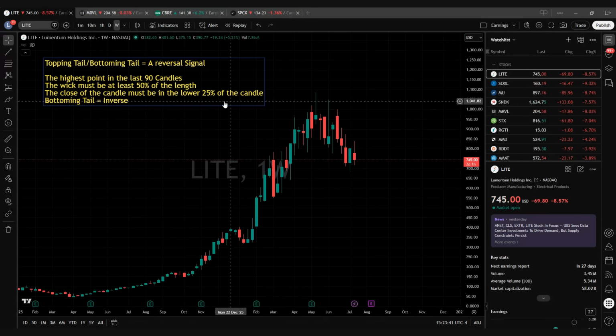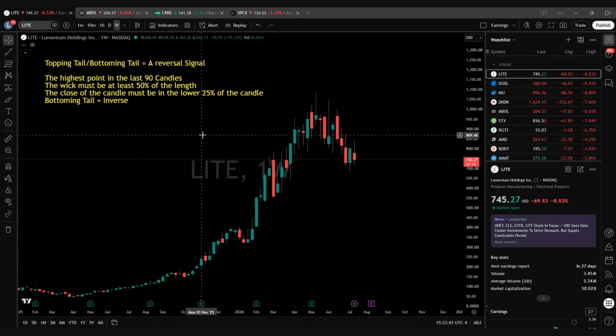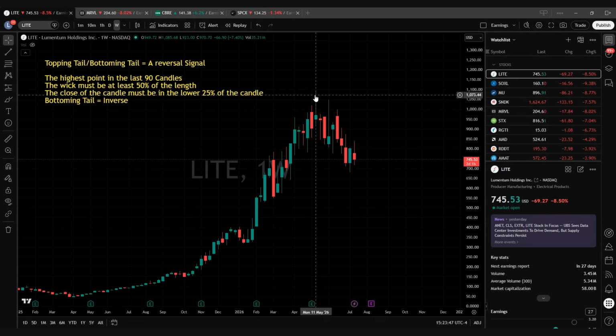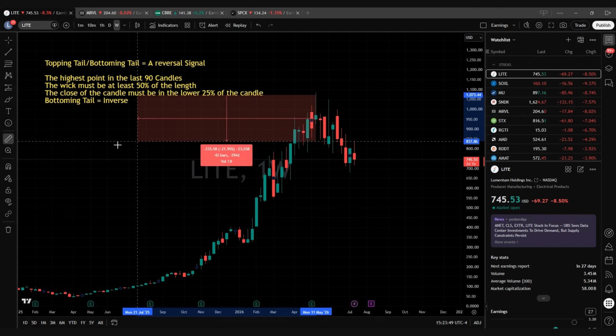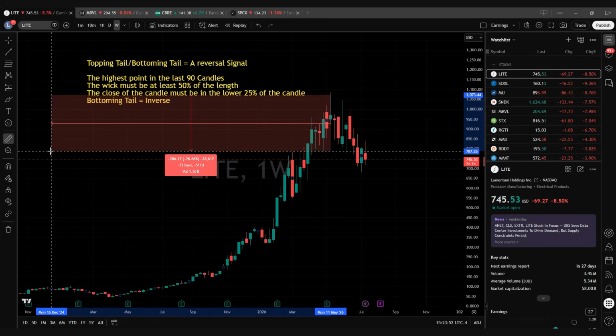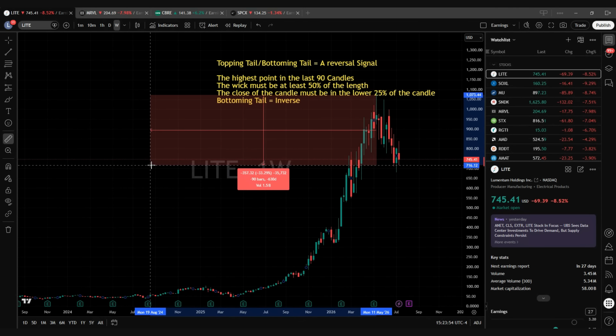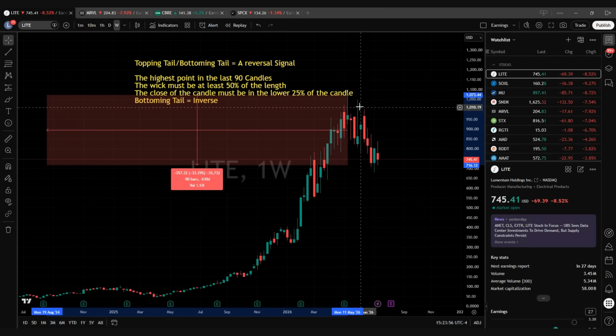So what are we looking for? Well, first of all, we're looking for the highest point in the last 90 candles. And in this case, you have one right here. If we go back 90 candles, we can see that it is indeed the highest point of the last 90 candles.